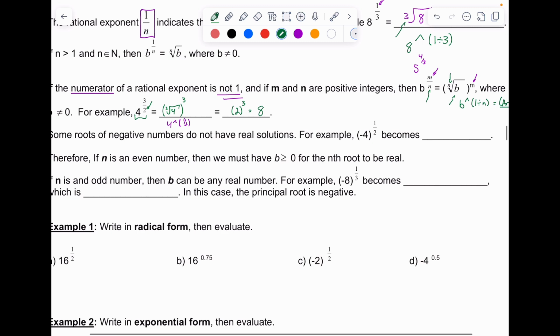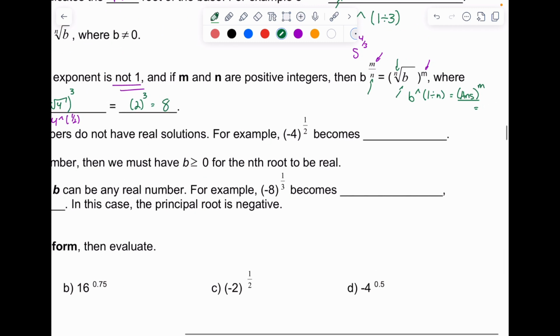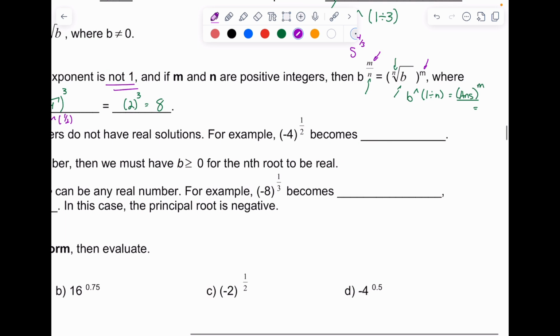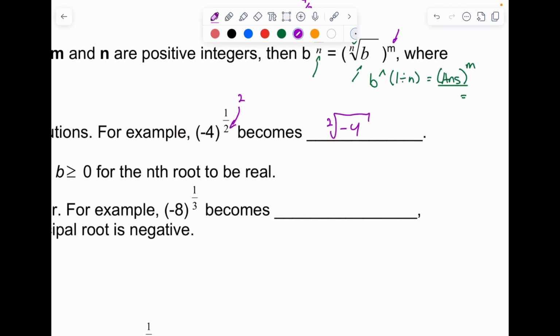Now, some roots of negative numbers do not have real solutions. But we know this. We've seen this before. We did this a lot in quadratics. When you have a negative number right here, and I'm asking you to take the square root of it, because that's what the exponent 1/2 means, right? So I'm asking you to take -4, the thing that's in the brackets, and then take the second root, so 2 here. Well, that is a square root.